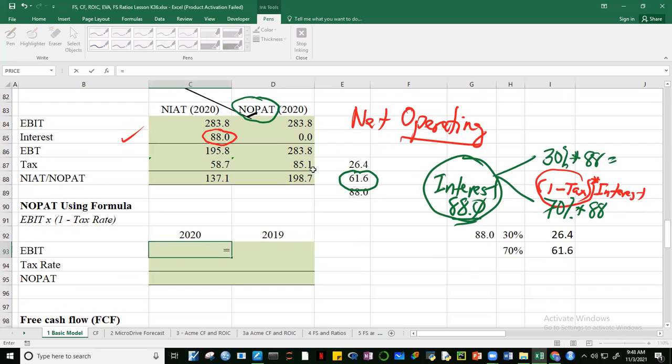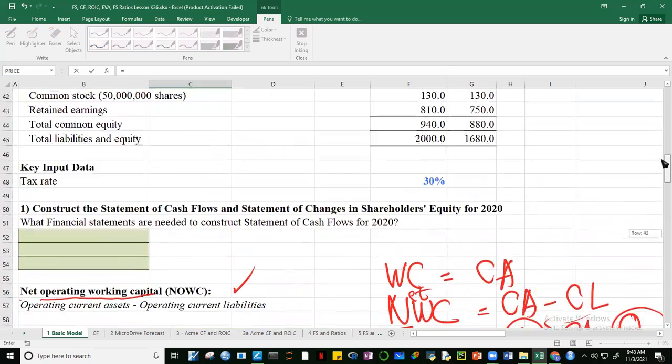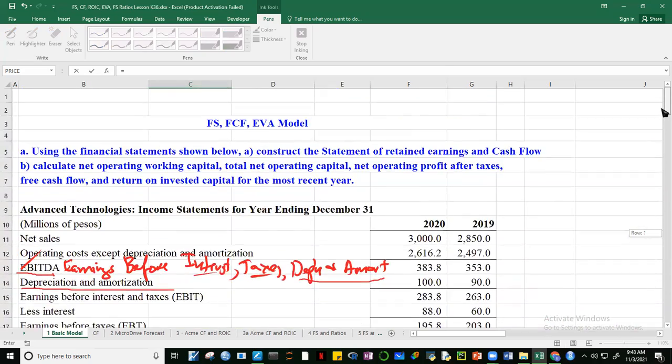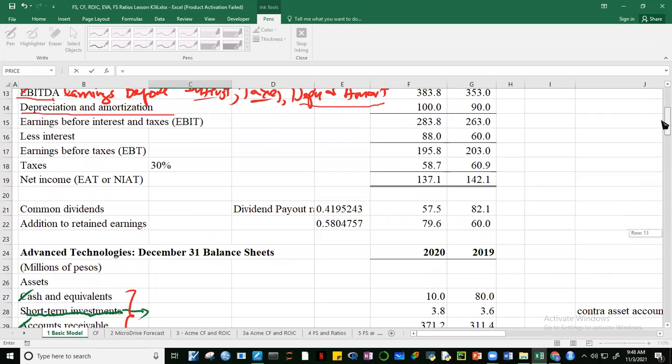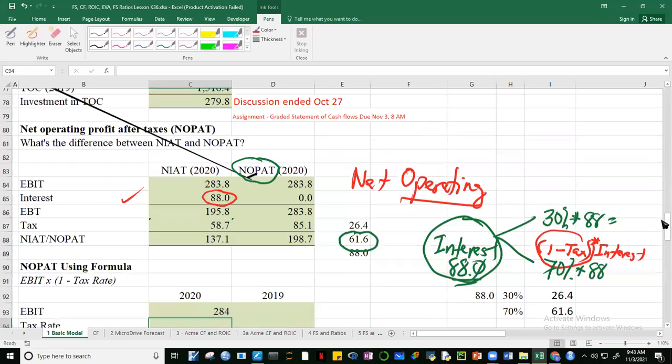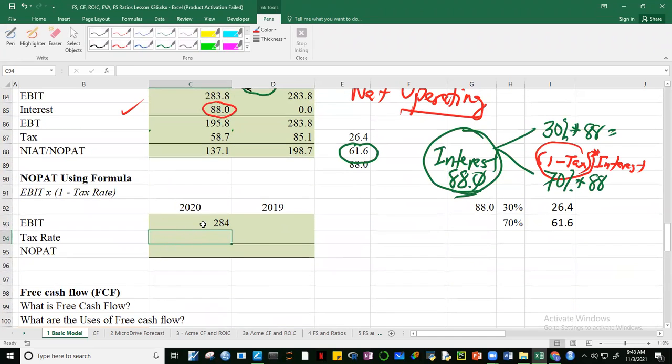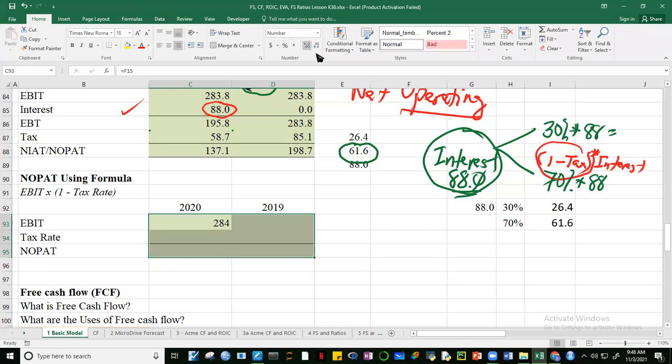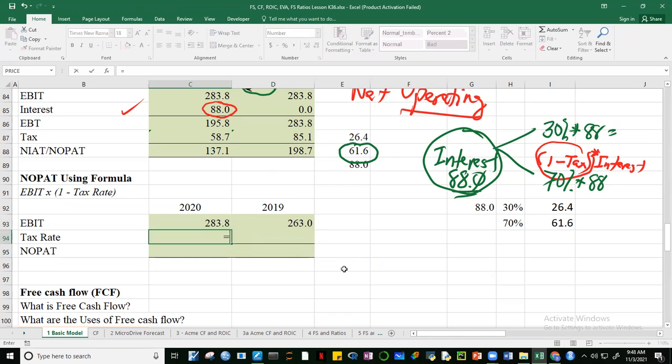So let's copy again the EBIT for 2020. Where's our EBIT? It's here, 283.8. Then we can copy for 2019. Then the tax rate, we know the tax rate, we can just access this.